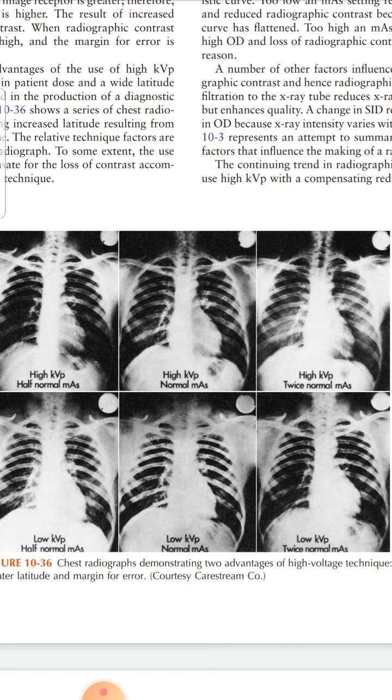So we have less radiographic contrast with the low KVP technique, but high radiographic contrast when we use the high KVP technique.